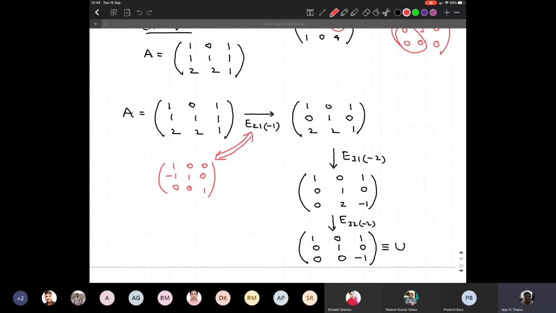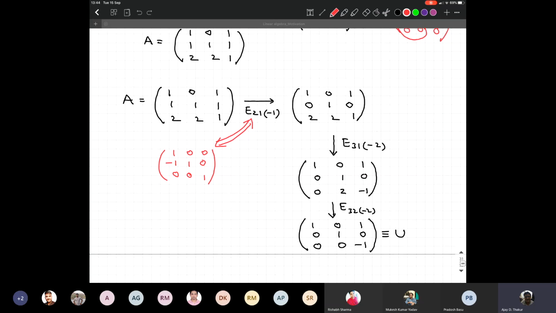So that will lead us to the matrix which is going to look like 1 0 1, 0 1 0, 0 2 minus 1. That is this matrix. And in this case, the transformation matrix is going to look like again a 1 1 1 along the body diagonal, and the 3 comma 1 element is going to be minus 2, and the rest all are going to be 0.